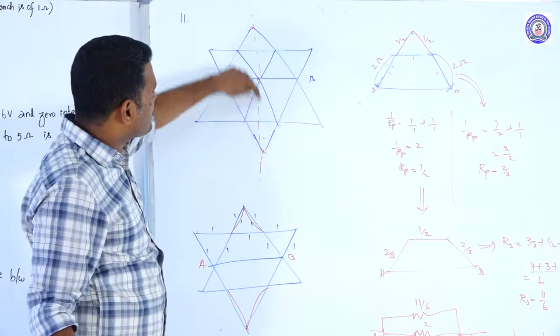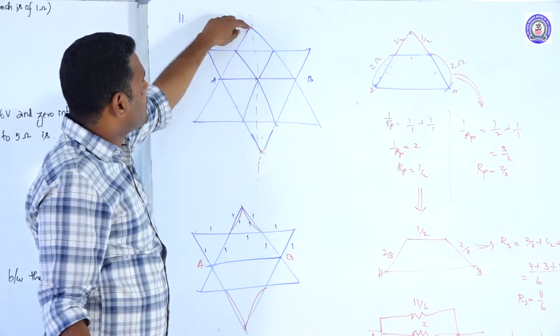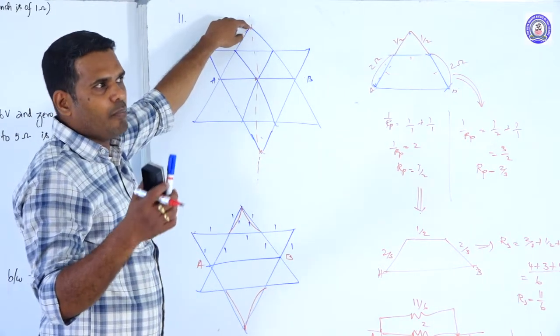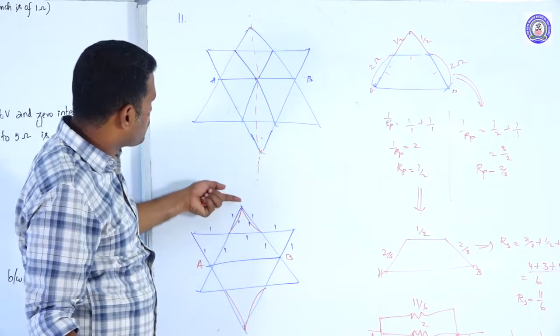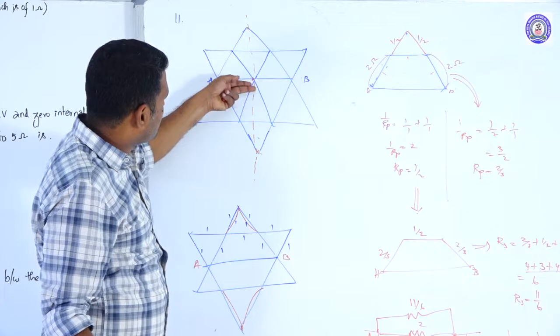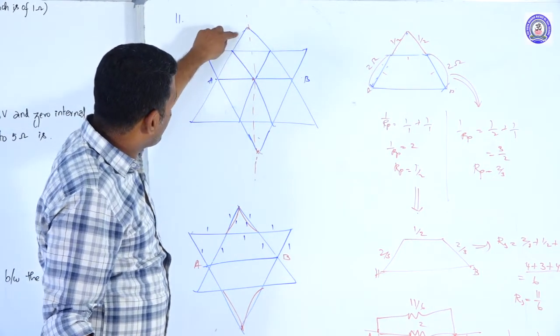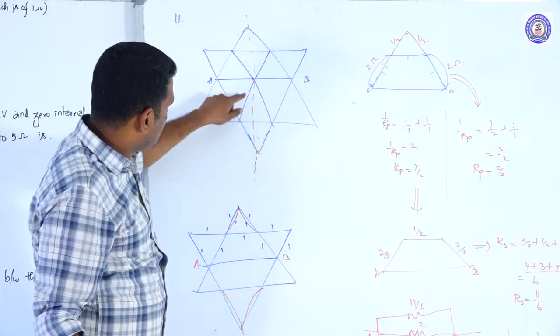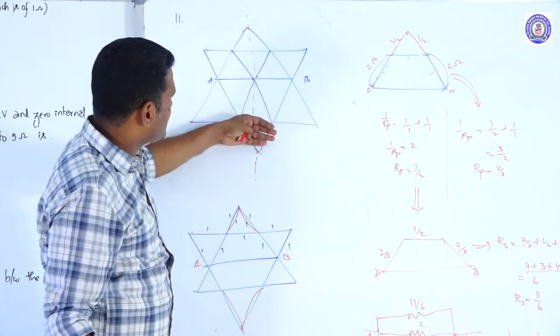Since there is no resistance to be removed, we are connecting the same potential points as a common point. So I am shifting this resistance over here. I am flipping this resistance over here and this resistance over here. Then these two will become parallel, these two will become parallel. And then I am just leaving the lower half because there is a symmetry.